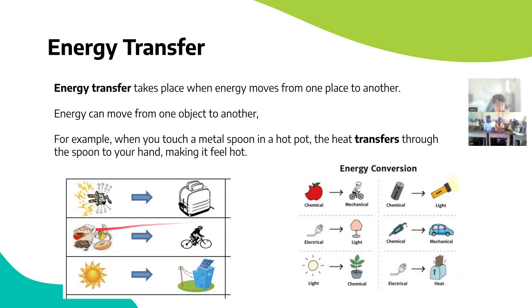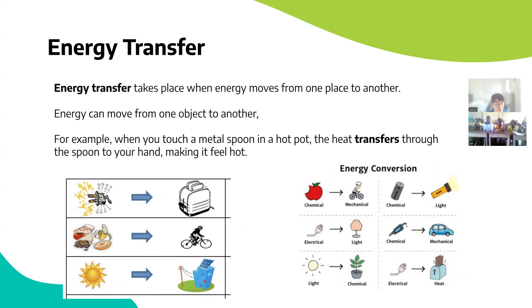You can see in the second picture over here, and over here as well on the right, that the stored chemical energy in our food, when we eat it, gets converted to the energy that we can use. Mainly the mechanical energy, which we use to move, walk, and run, and do any sort of motion. We first need energy from the food.